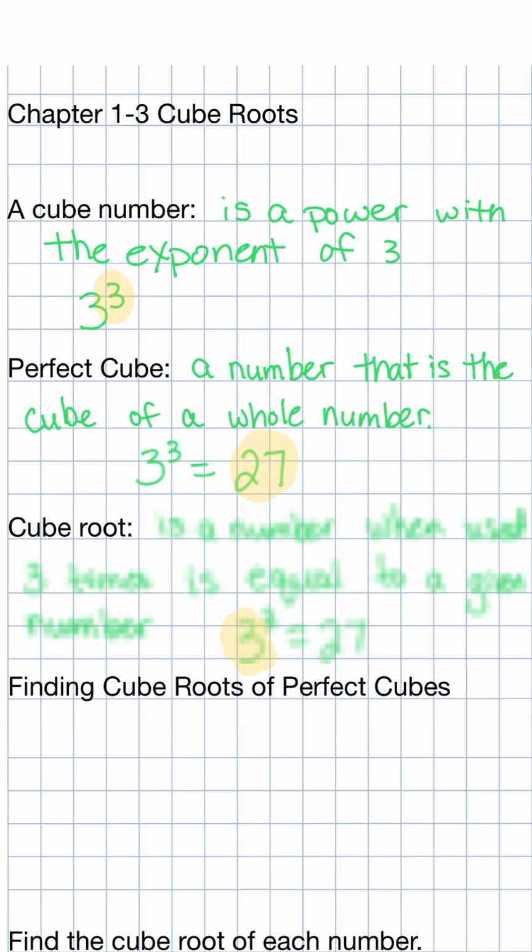Here's one more example. 4 to the 3rd power equals 64. 4 times 4 times 4. So let's do that for all 3 of these. Looking at this, the exponent is 3. Cube numbers are always 3. The perfect cube is 64, and the cube root is 4.